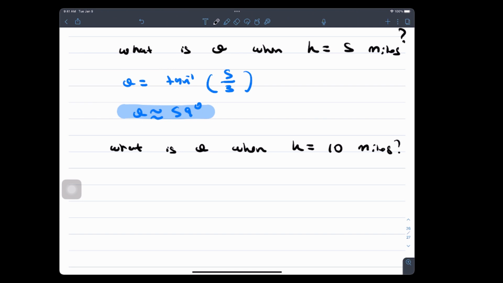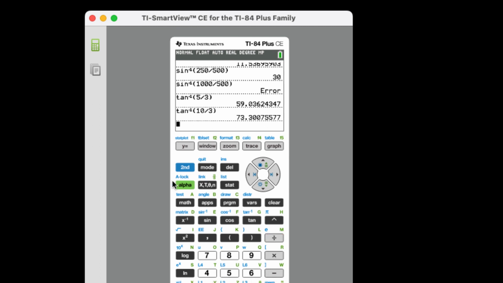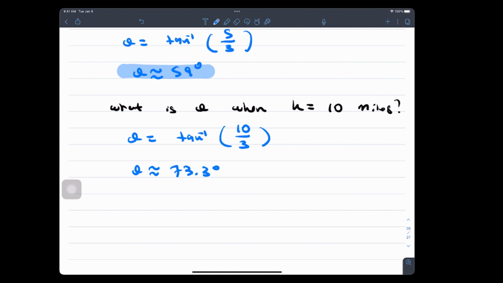What do you think that's going to be? Inverse tangent 10 over 3. Can you use the calculator? Yes, that's the whole idea. Second, inverse tangent 10 divided by 3. So notice this. This will be 73.3 degrees, ladies and gentlemen. So your angle of elevation is 73.3 degrees.